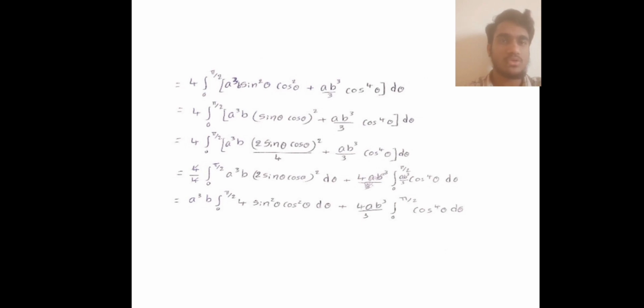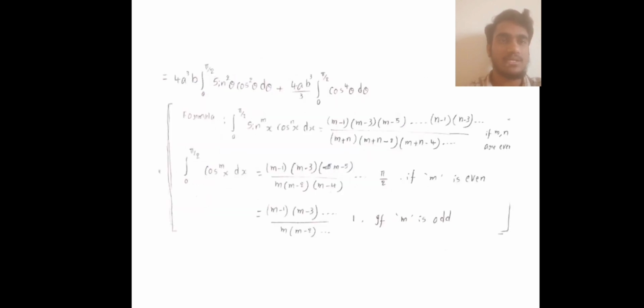A cube b integral 0 to pi by 2 4 sin square theta cos square theta d theta plus 4 a b cube by 3 integral 0 to pi by 2 cos power 4 theta d theta.